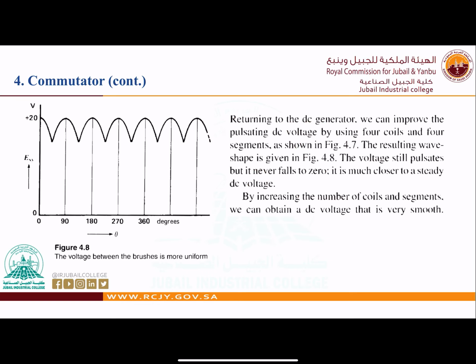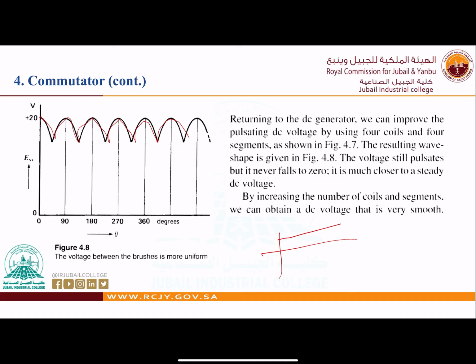So returning to the DC generator, we can improve the pulsing DC voltage by using 4 coils. If you increase the number of coils, then we will have a small ripple, okay? And if you increase the number of coils further, then we will have a pure DC current.